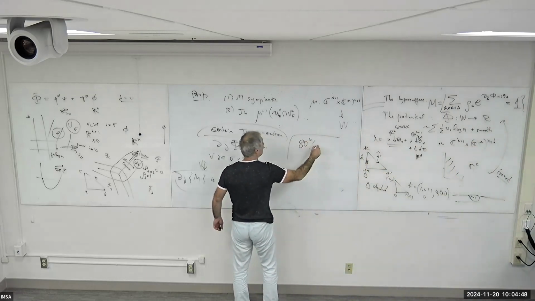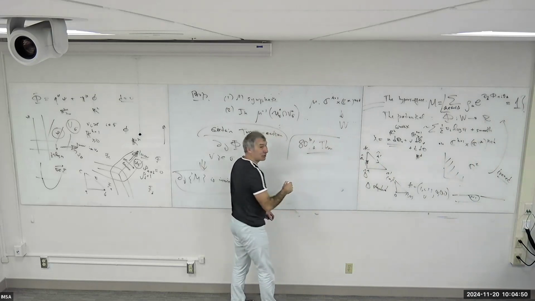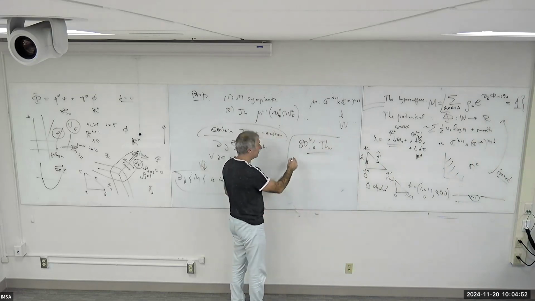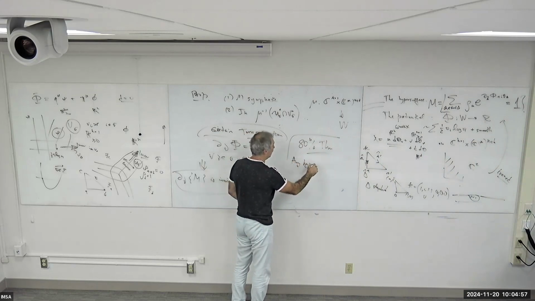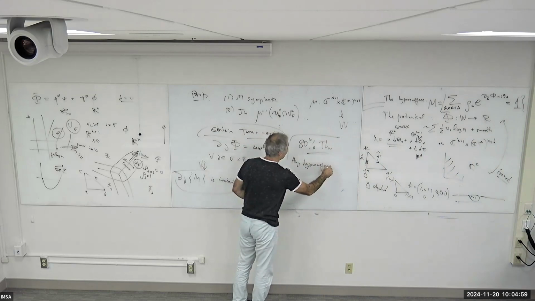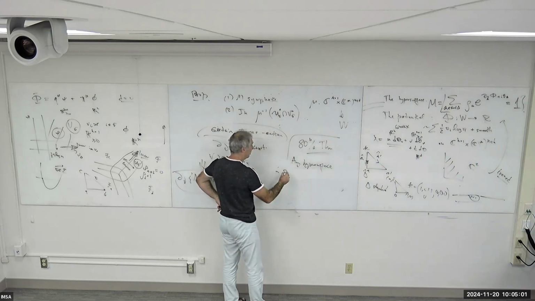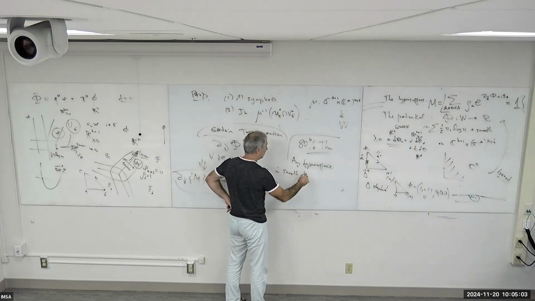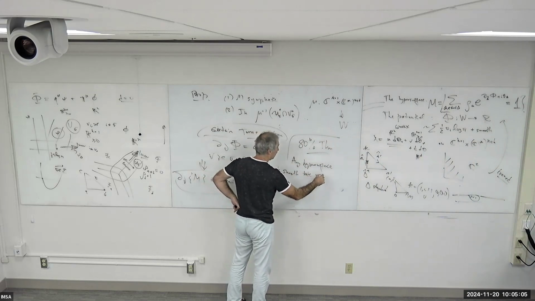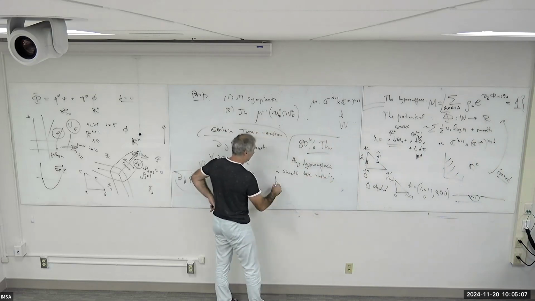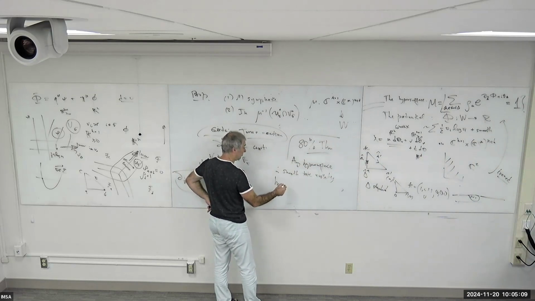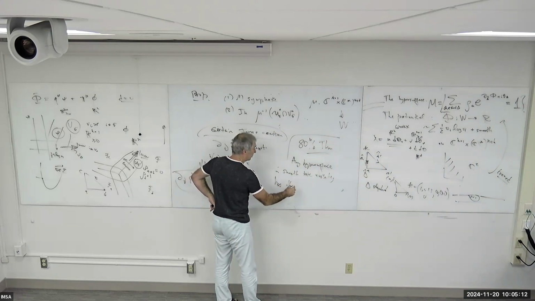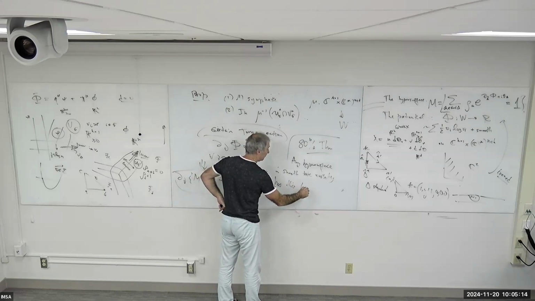Claim, 80% theorem. Any hypersurface in a smooth toric variety has this Lagrangian torus fibration.